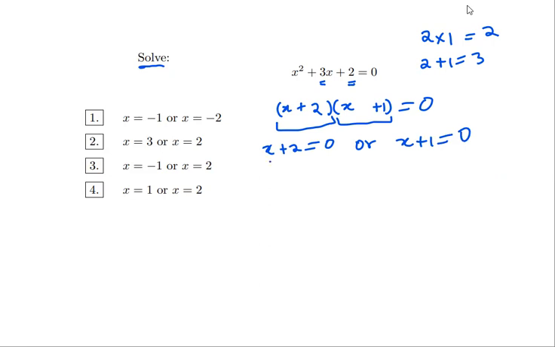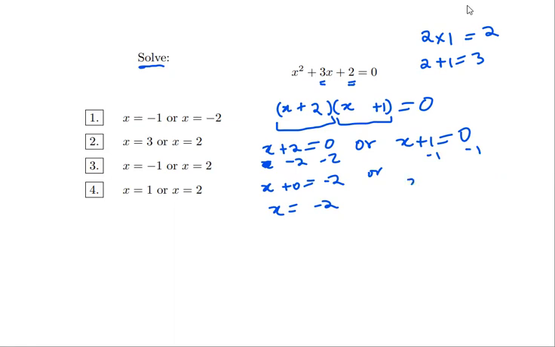So x plus 2 equals 0. If you want to solve for x in this problem, you just have to subtract 2 on both sides, and we get x plus 2 minus 2 is 0, and 0 minus 2 is -2. So x equals -2, or we have to subtract 1 from both sides here.